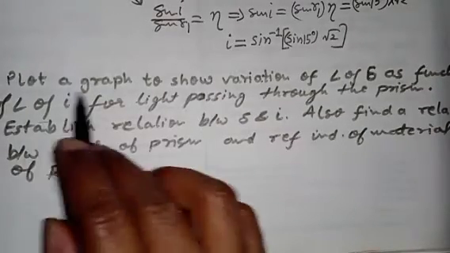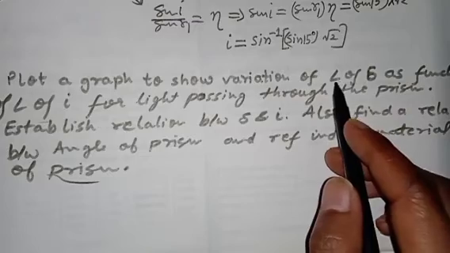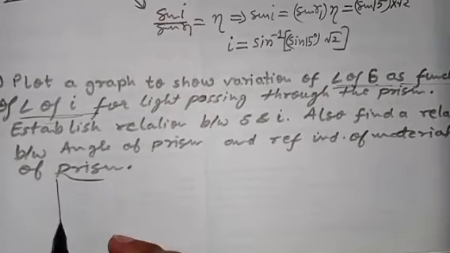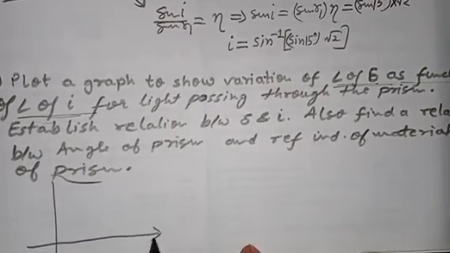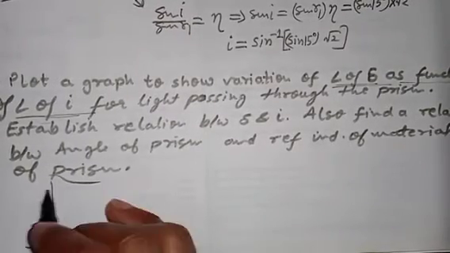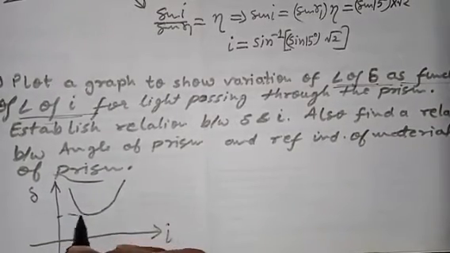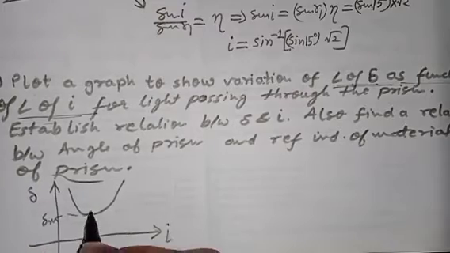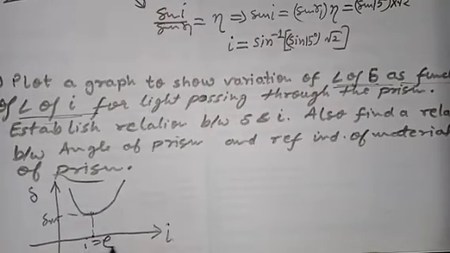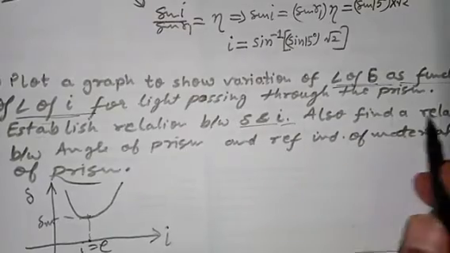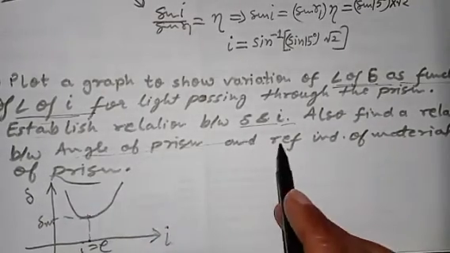Alright, so plot a graph to show the variation of angle of deviation as a function of angle of incidence. Memorize this. From competitive exams to board exams, this question is most wanted. This is delta m, the angle of minimum deviation, and here I equal to E. So what else have they asked? Establish the relation between delta and I, and also find the relation between angle of prism and refractive index.